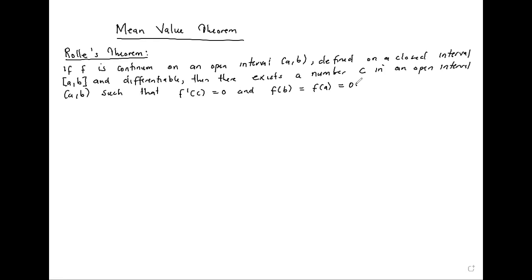So we have now the mean value theorem, which is the main theorem building up on Rolle's theorem.